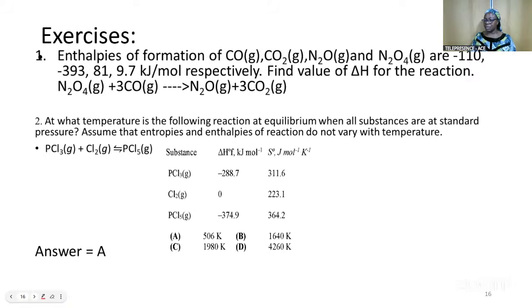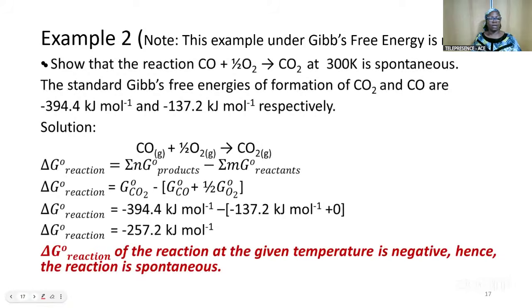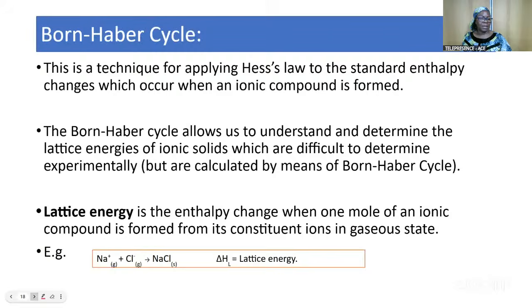You will find it very helpful, and I'm going to continue the class from there on Monday, God willing. You can also look at this example too. I gave it earlier on, but I've typed it because some of you complained that you could not see it. So it's not a new example. We are stopping at Hess's law, and in the next class, we'll continue with Born-Haber cycle.